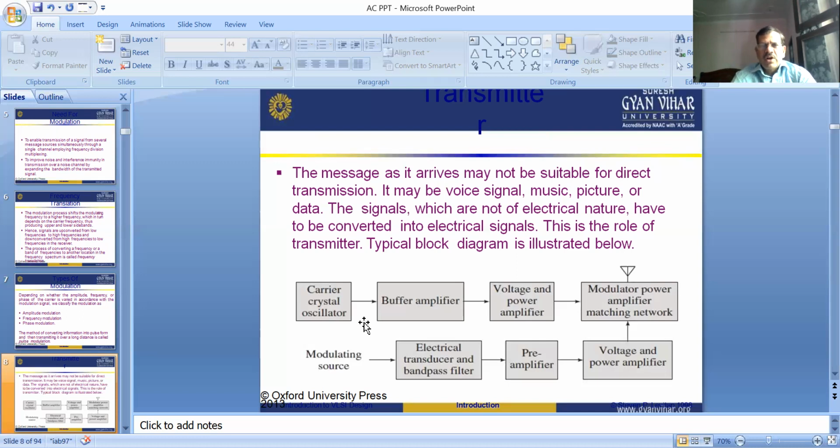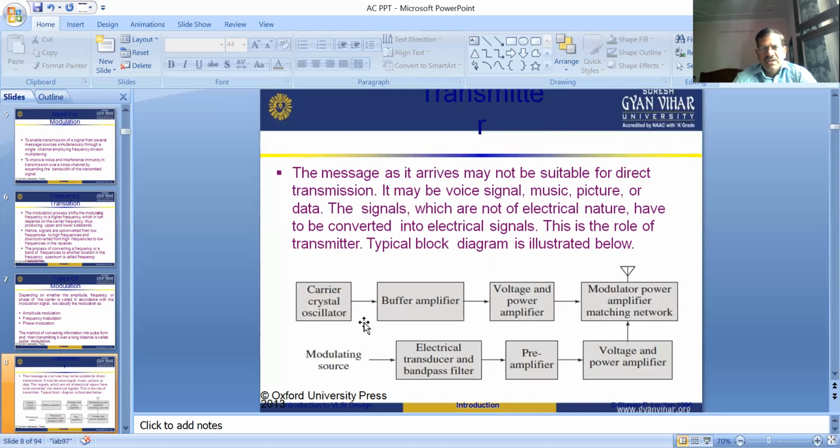That process is called the demodulation process, in which the modulating signal is recovered. In demodulation, the original signal or modulating signal is received at the end of the receiver. So this is the modulation and demodulation process in a communication system.